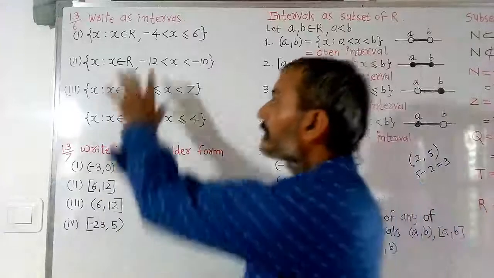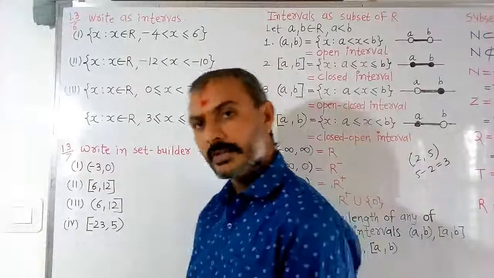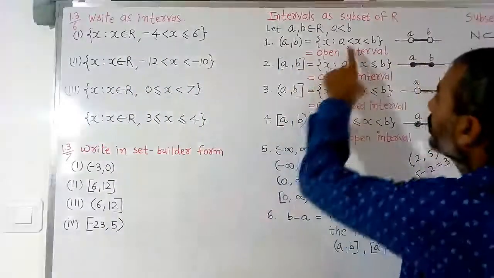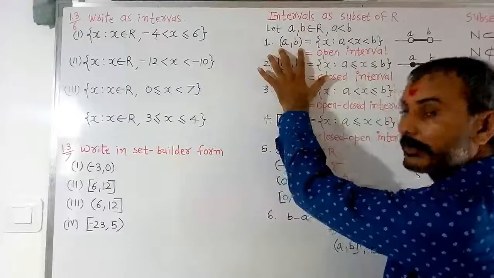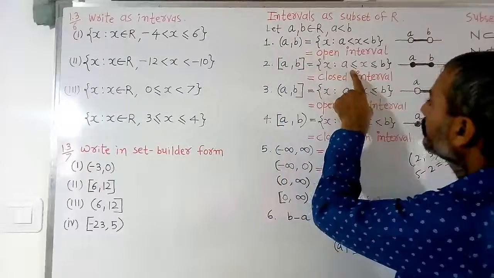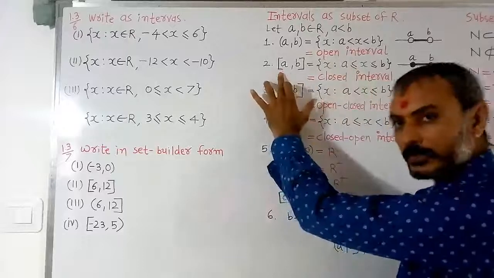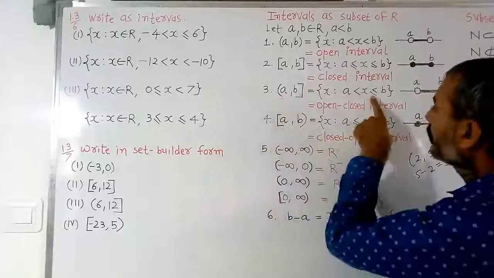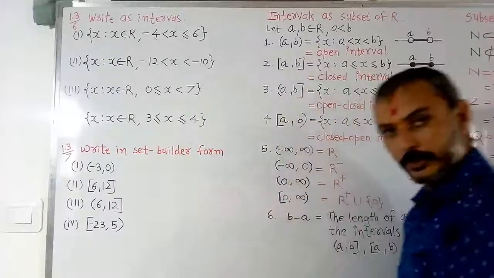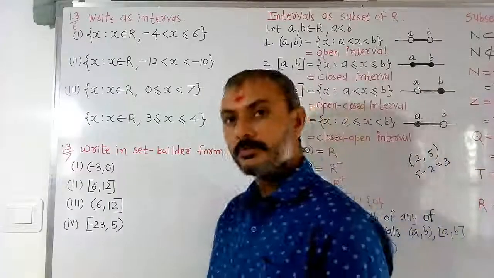Here one form is given, that is set builder form. And we know whenever only less than is given, we write open interval, and when less than or equal to is given, we have to write closed. See here, only less than given, we write open; on less than or equal to given, we write closed. So very simple to remember.